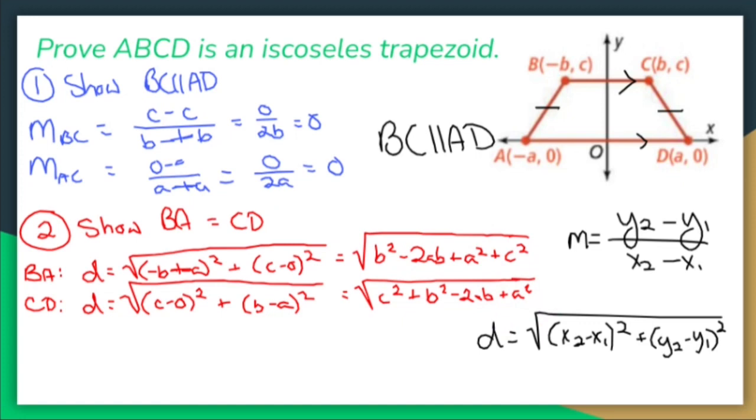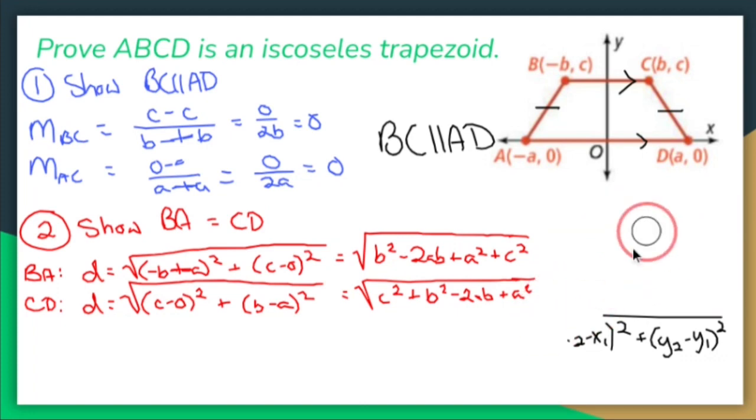Let's get rid of these rules because I won't need them anymore, even though they look so darling. I just showed that BA and CD are the same.